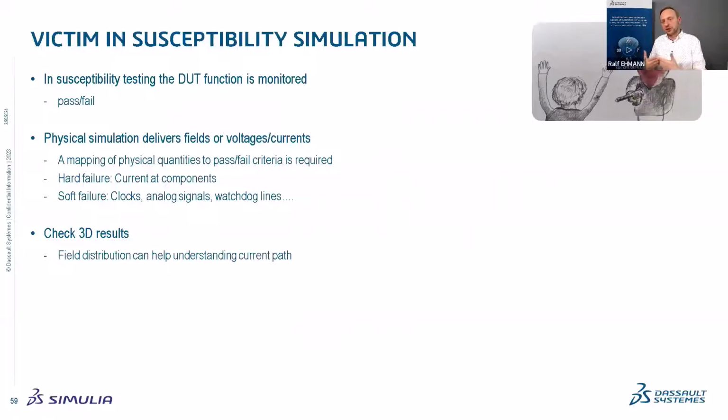Because in a real test, you get a pass-fail information, your DUT fails, or maybe it's causing some malfunctions. In the simulation, what you get are fields, voltages, currents, but of course not a pass-fail information, which makes this, from my point of view, actually the most challenging thing, and it requires understanding how your DUT operates.